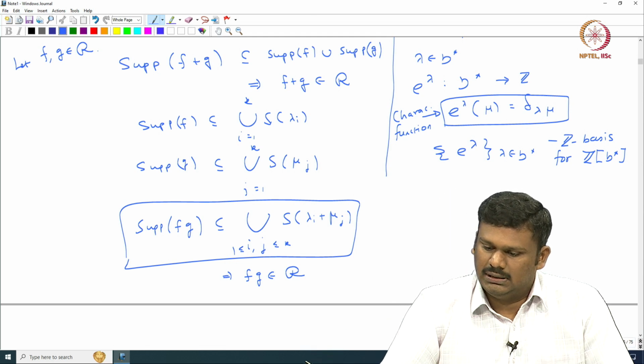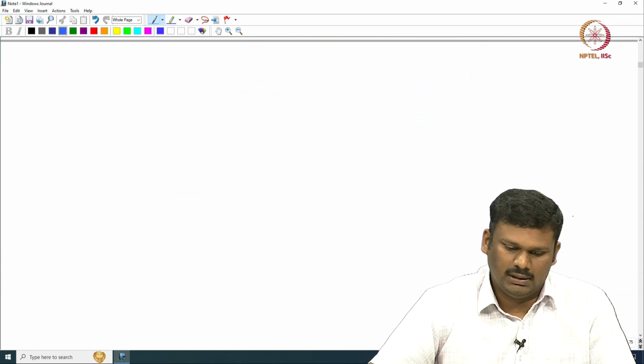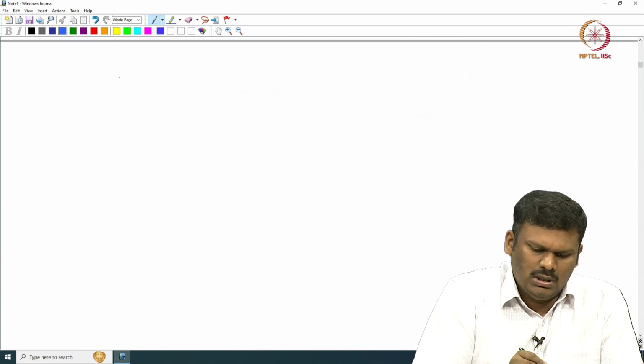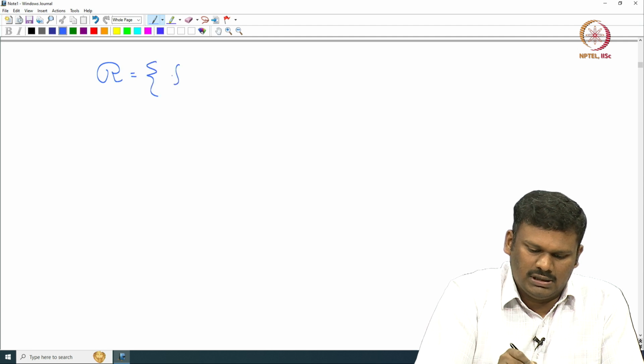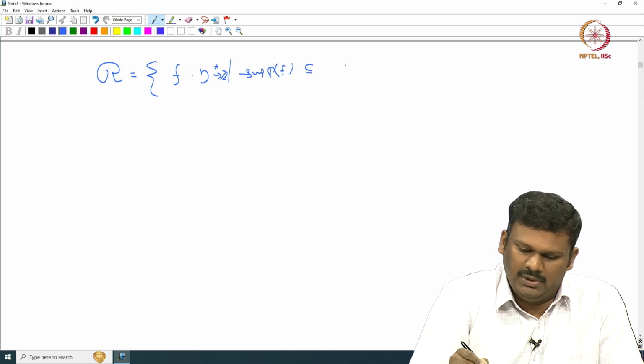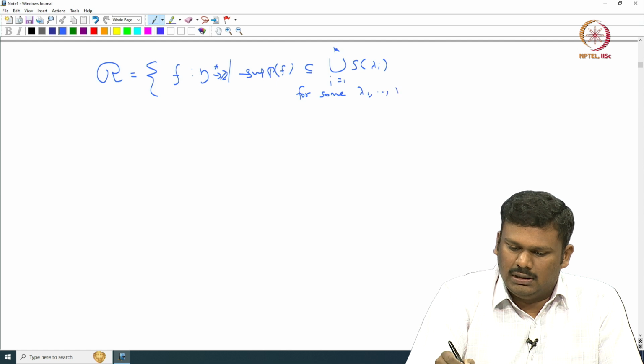So, what is this z H star? Let us go slow and recall what it is. The ring R is nothing but the set of all functions from H star to z such that the support of f is contained in finitely many cones, the union of s of lambda i, i ranging from 1 to k, for some lambda 1 through lambda k from H star.